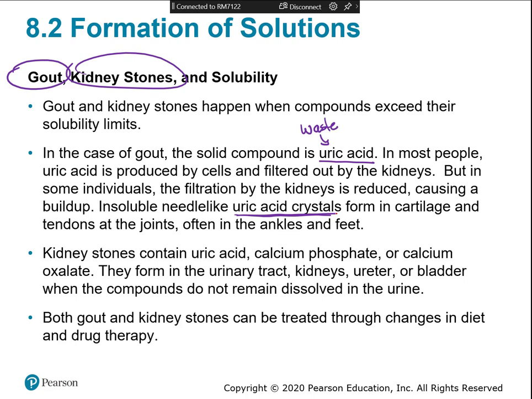How do you think it feels if you move that joint? You can imagine, little tiny shards of glass, extremely painful. In fact, the joint will look bruised. The joint will turn kind of reddish purple because of bleeding that can occur because of the uric acid.